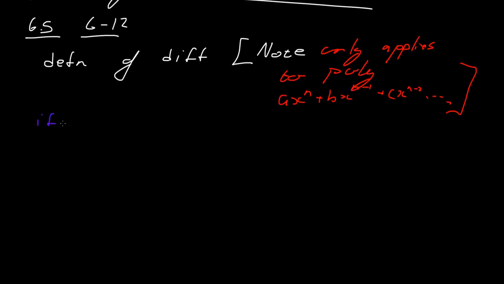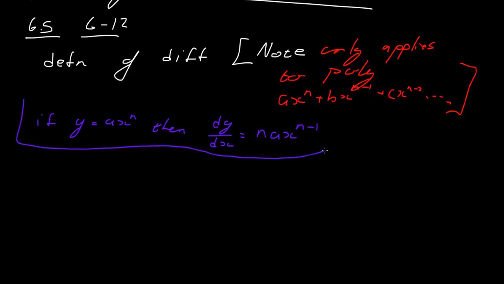So, if y equals ax to the n, then dy by dx is equal to n(ax) to the n minus 1. So you see, you take the power down and multiply, and you decrease the power by 1. That is our first rule of differentiation, and that is for polynomials.